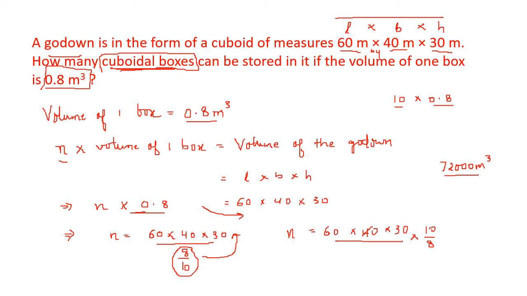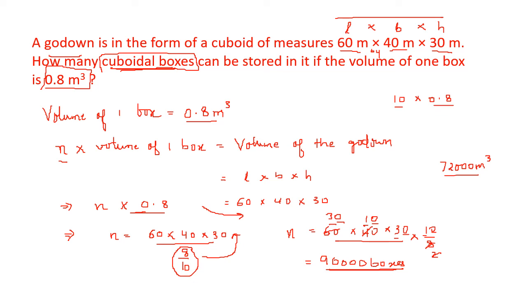So 4 ones are 4, 4 twos are 8, so this becomes 10, and 2 ones are 2, 2 30s are... So I've got 3 threes are 9, 9 ones are 9, so 9. And how many zeros? 1, 2, 3, 4. So 90,000 boxes can be fit into the godown.